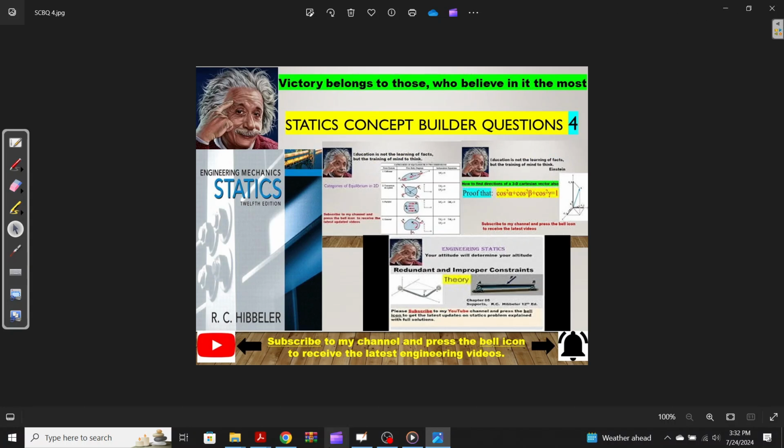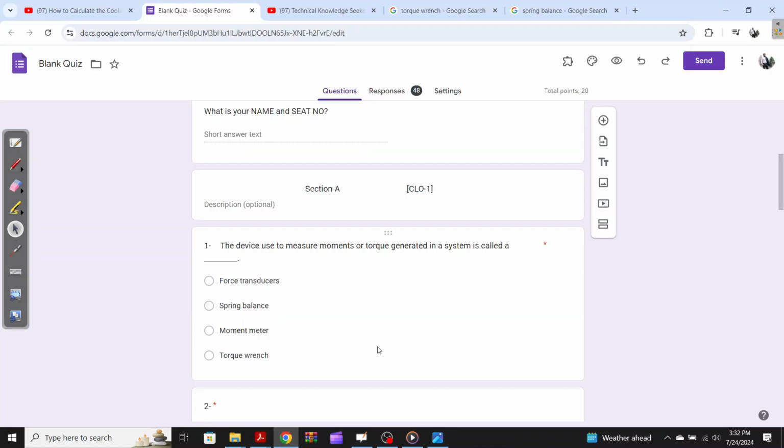Just to continue our series of statics concept builder questions, this is part number 4. Today's questions are very important in statics, because you will be using these devices when you get a job in industries like manufacturing and automotive. The question is: the devices used to measure movement or torque generated in a system is called dash.